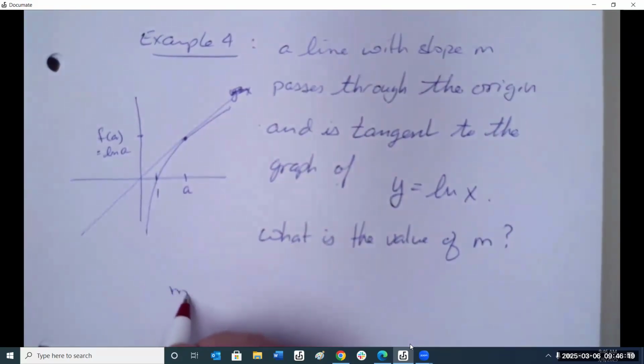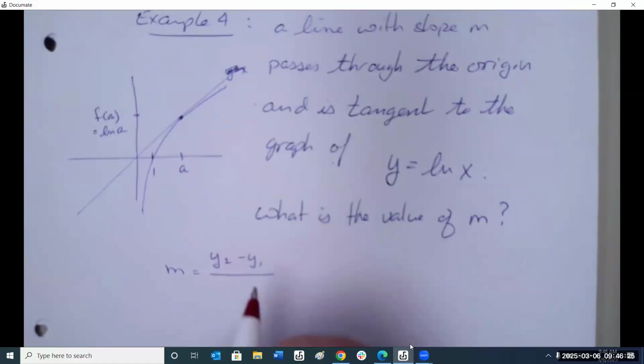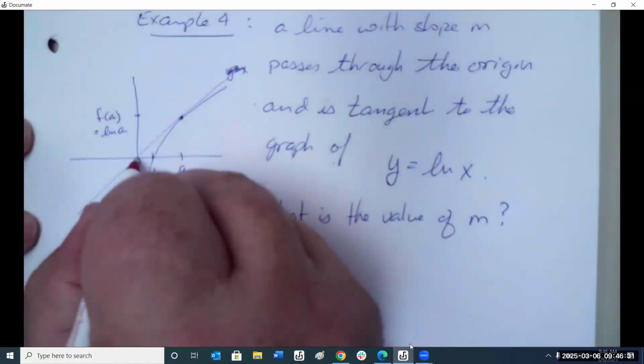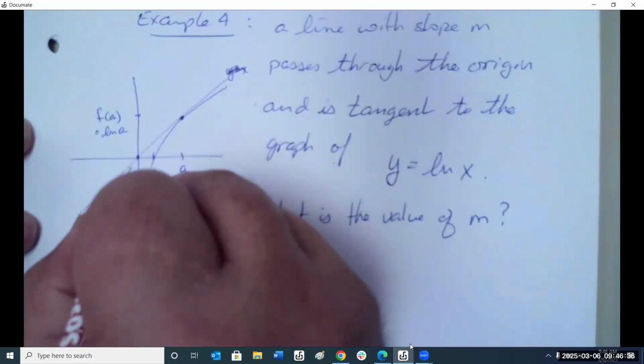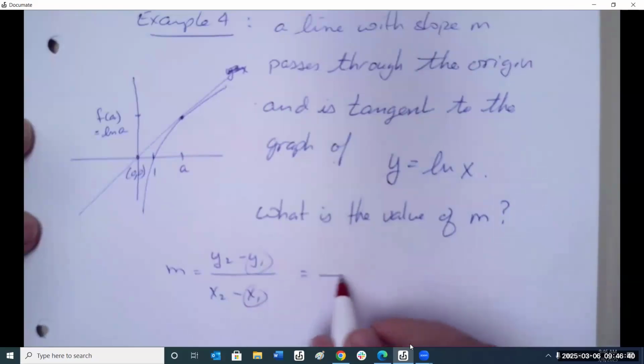What's the formula for a slope? y2 minus y1 over x2 minus x1. It passes through 0, 0, so these values are going to be 0.